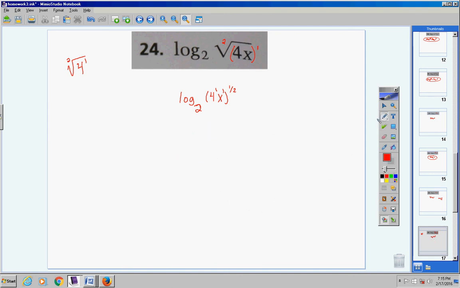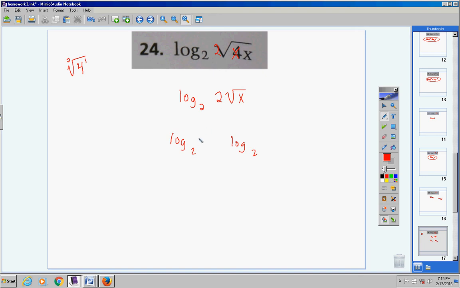You could also say, we have the square root of 4x. Well, I know the square root of 4 is 2, so logarithm base 2, square root of 4 is 2, so now I have 2 times the square root of x. And of course, we're multiplying 2 things here, so we're going to write 2 logarithms. And all of these methods are fine.